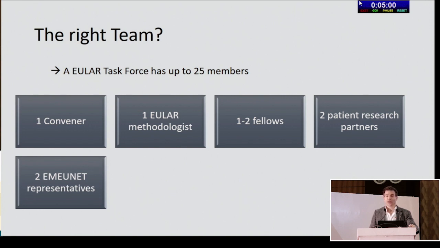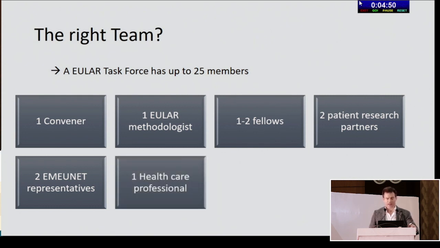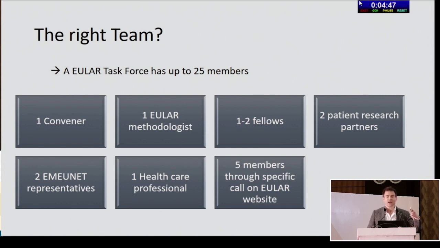EMUNET is the association of the young rheumatologists within EULAR, and we also try to have 2 fixed members of EMUNET as young members on board, a healthcare professional, and then we are, as EULAR, also convinced that we need to have a better geographic representation of our member states, so we open 5 positions for active application from EULAR member states to propose people who can be on the various task forces. That's an open call, it's not a closed club, that task force.